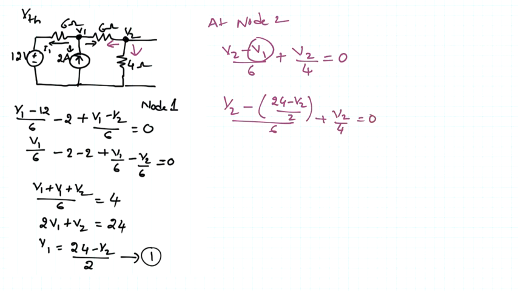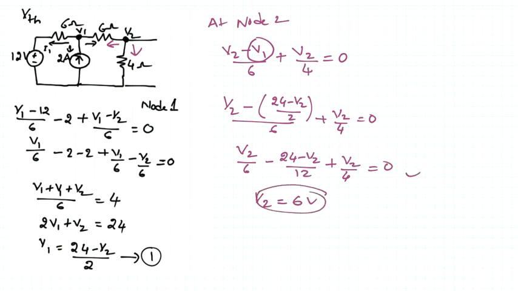So now V2 by 6 minus (24 plus V2) by 12 plus V2 by 4 is equal to 0. So by this equation we can find V2. If you solve this equation, you will get V2 equal to 6 volts, that is equal to V Thevenin.